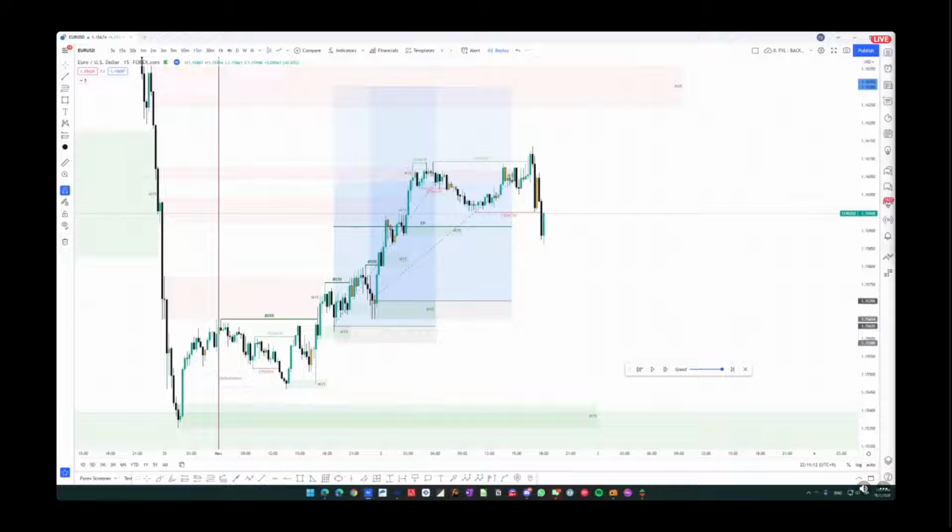Actually, even if we don't have a really strong zone to look at, we can already start to think, if it does come to this area and this supply holds, we can potentially start to look for shorts.